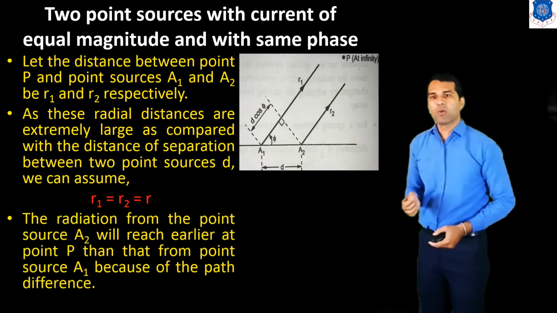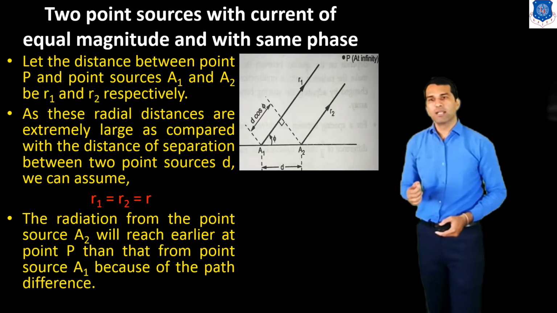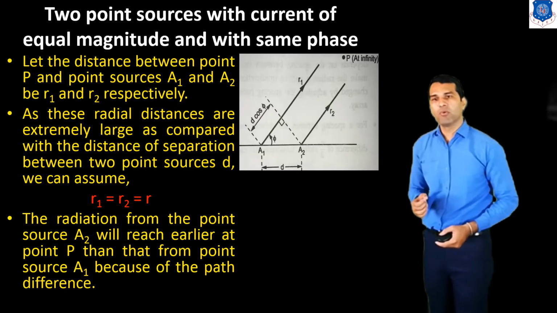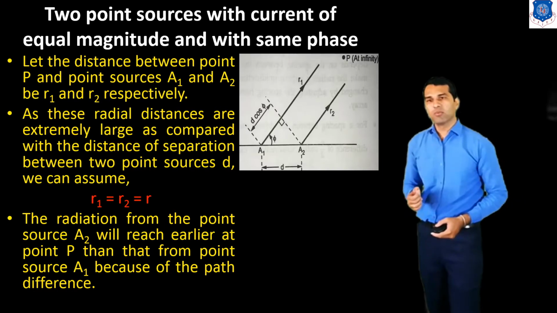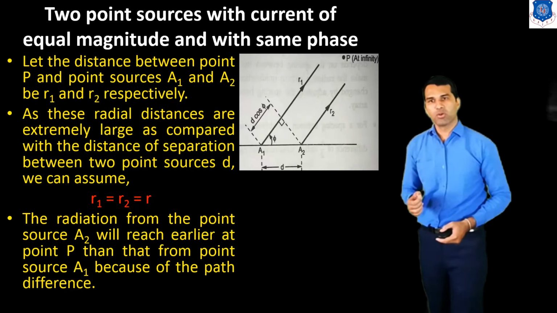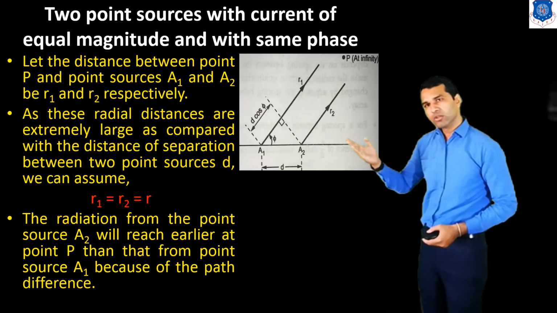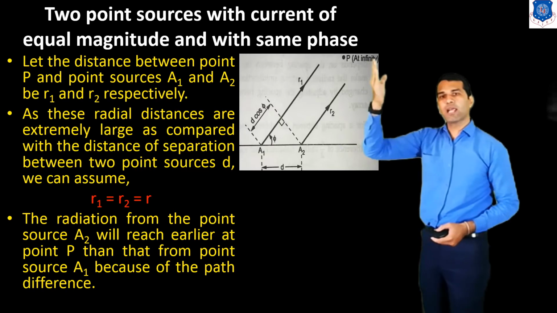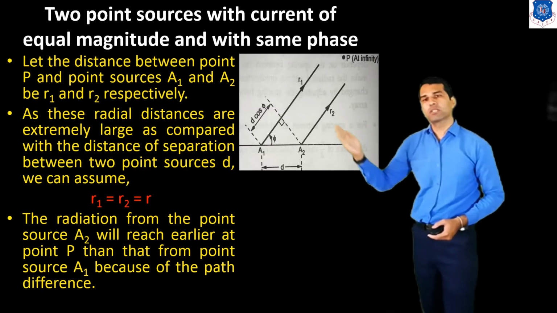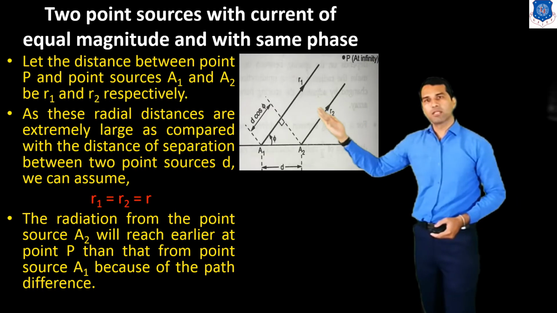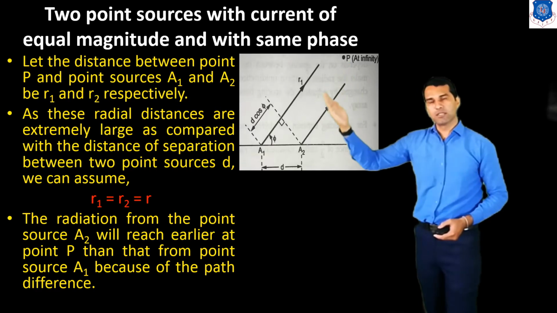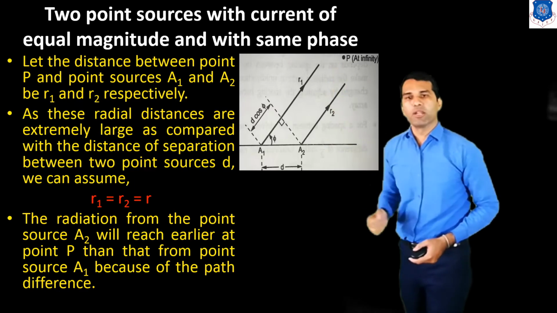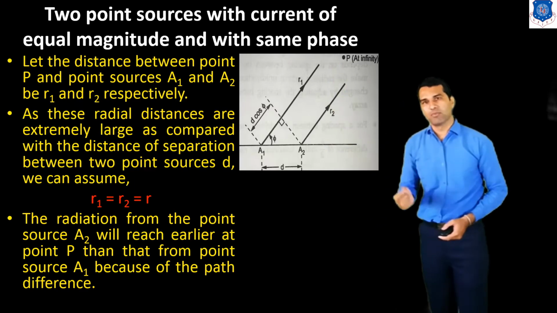The radiation from point source A2 will reach point P earlier than that from point source A1 because of the path difference. From the figure we can see the radiation from A2 reaches point P earlier, while the radiation from A1 requires more distance to reach this point.